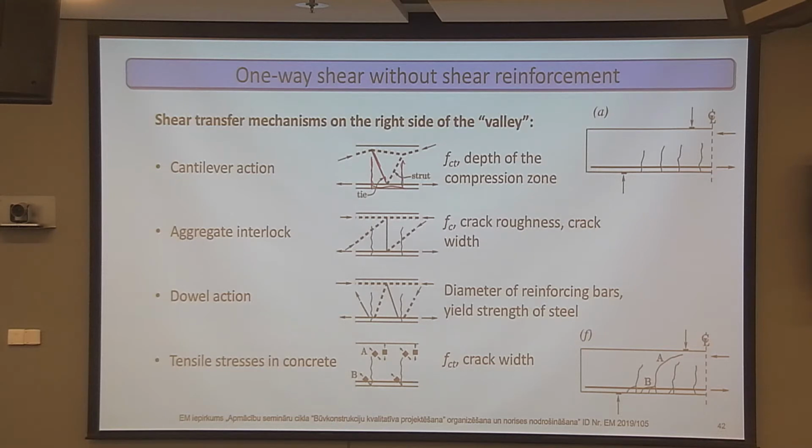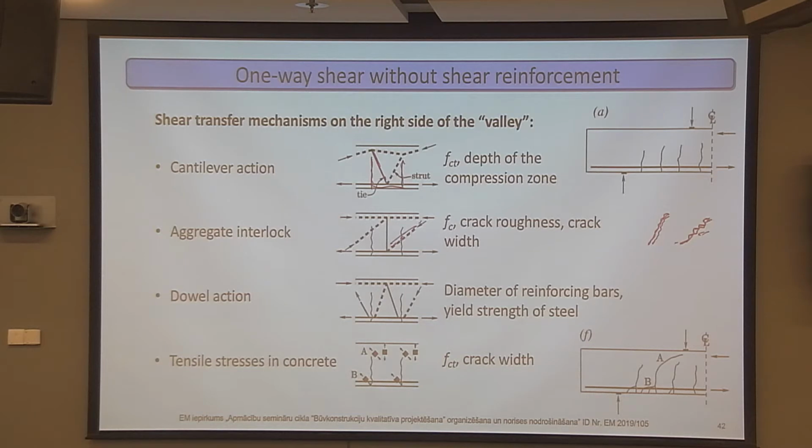Well, it's not cracked there, so it still resists some tension. Then there is aggregate interlock, which means that the strut can actually go through the crack, and because the crack is rough, not perfectly smooth, forces can be transmitted, so it gets locked between the sides of the crack and carries some forces.